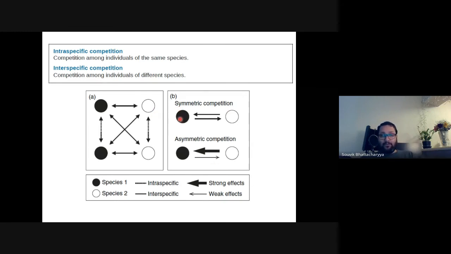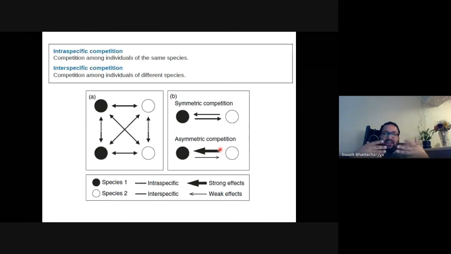That means both are equal, they can fight each other very nicely, or, which is more common, one is winning against the other. So this is fighting and winning against this one. So there can be asymmetric competition, and that way one species will outcompete the other species.